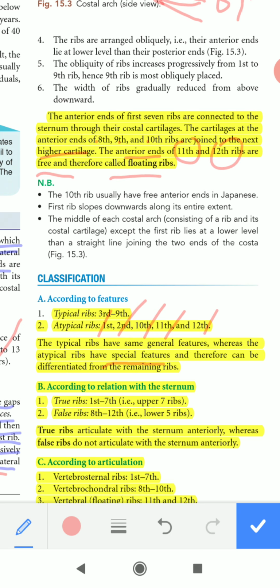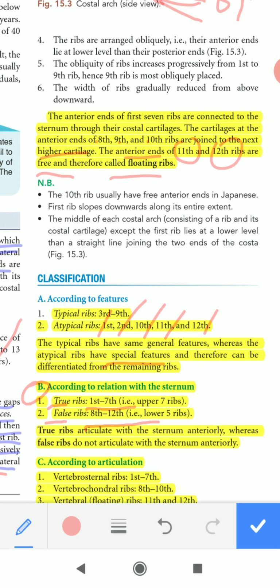And number 2, according to the relation to the sternum, we already saw in the last picture, the first 7 ribs, their anterior ends are attached to the sternum, so they are true ribs. But 8, 9, 10 and 11, 12, the last 5 ribs, are not directly attached to the sternum.